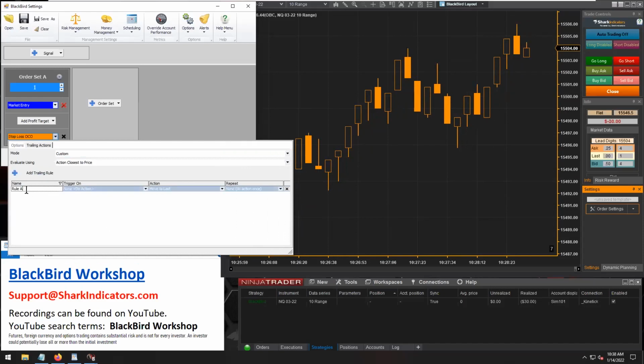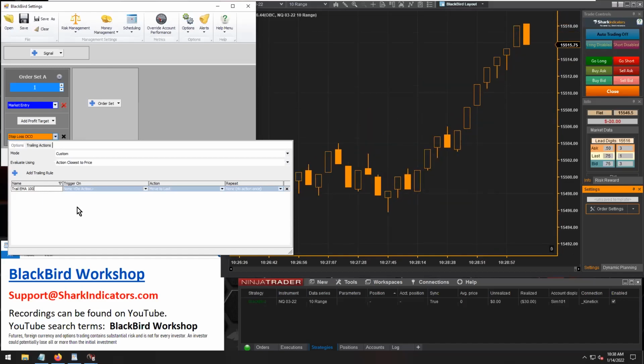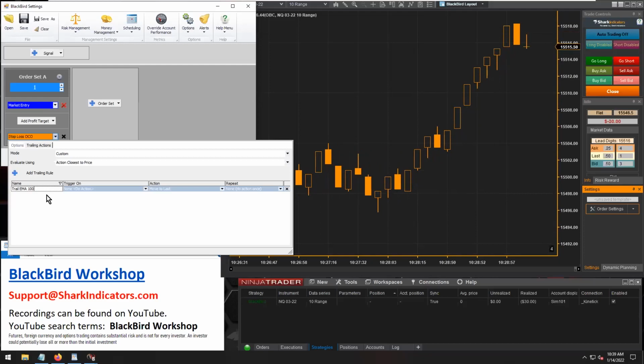So let's add our first trailing rule. We're just going to trail the EMA 100. The stop loss is just going to follow the 100 EMA regardless, so we don't need a trigger for this.